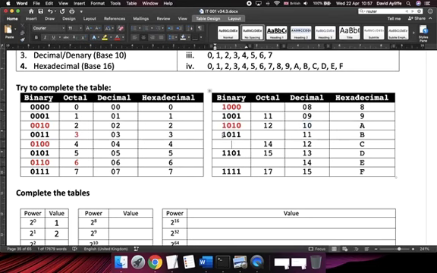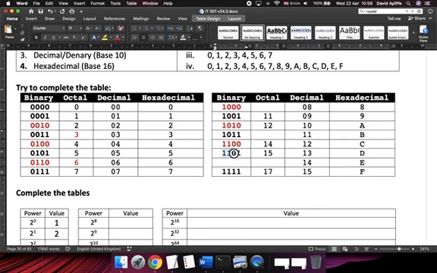Decimal 12: if we look at 11 and 13, decimal 12 is probably something like that. This digit means 8 and this means 4, so 8 plus 4 gives us decimal 12.